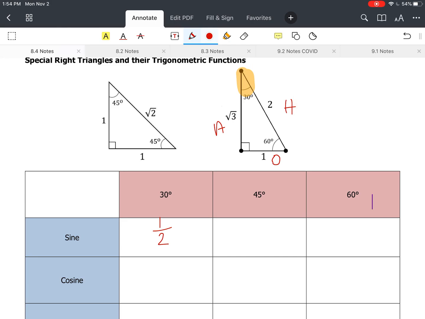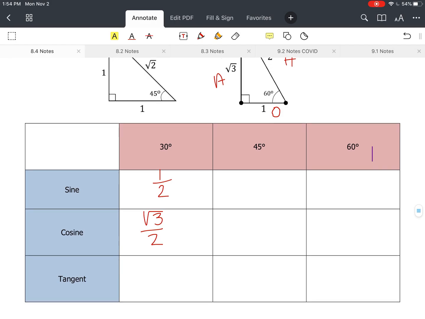So we could label the sine, cosine, and tangent of 30 because the sine would be opposite over hypotenuse, which is 1 over 2. The cosine would be adjacent over hypotenuse, which would be root 3 over 2. And the tangent would be opposite over adjacent, which would be 1 over root 3.